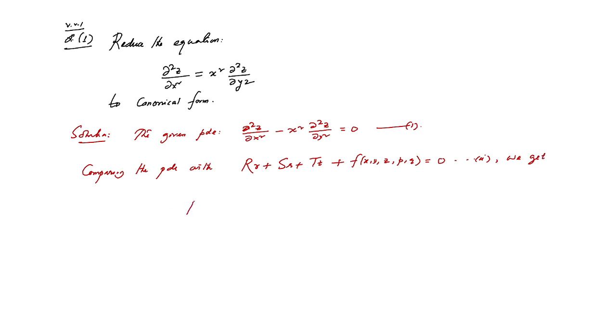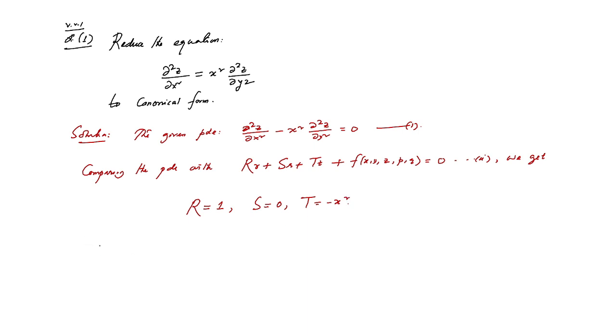We get r equals to the coefficient of del 2z del x square, this is basically 1. s equals to coefficient of del 2z del x del y, this is basically 0. And t is basically minus x square.